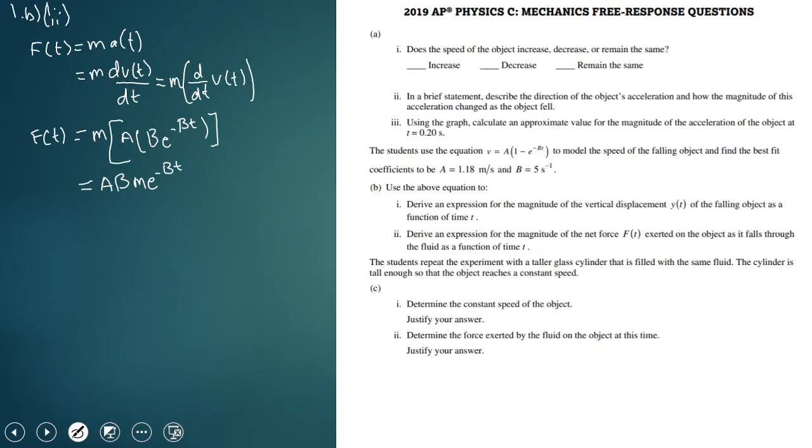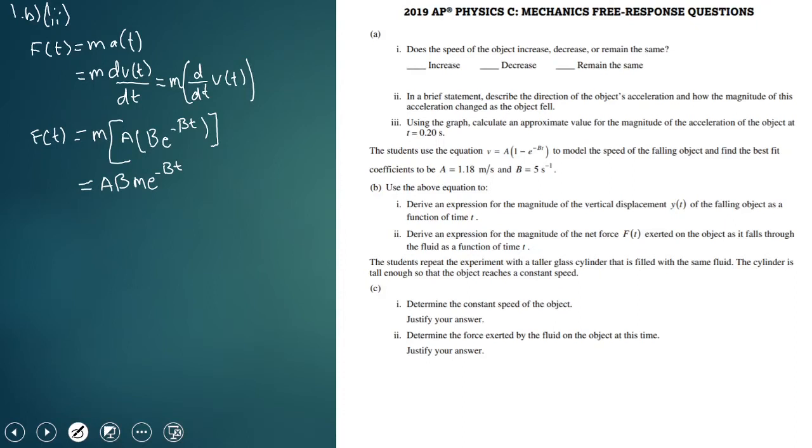Keep in mind that when I took this derivative, the negative e to the power of negative bt turns positive because we multiply by the derivative of the top. So we have negative times negative b times e to the power of negative bt, and so it becomes positive b. And so once again, while this final answer should be enough, if you did want to plug in the numerical values, I put it in my calculator, so I get 1.18 times 5 times 0.012.